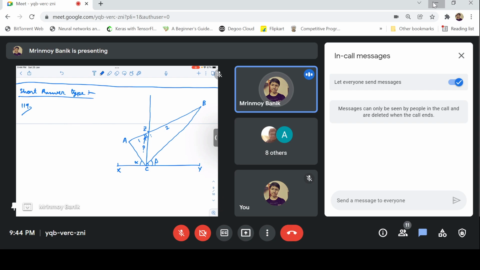So this point was called B. So ZC by sine B, BC by sine Z, and BZ by sine C.